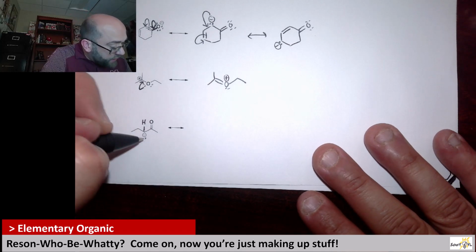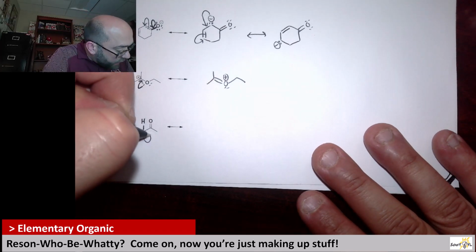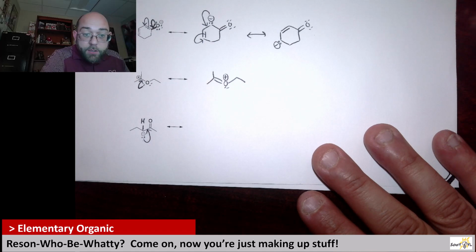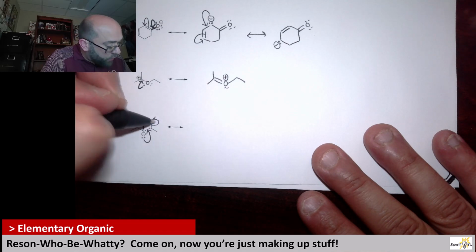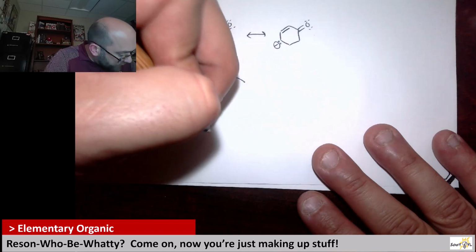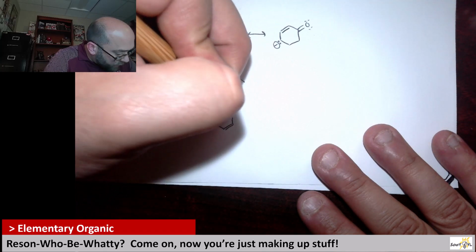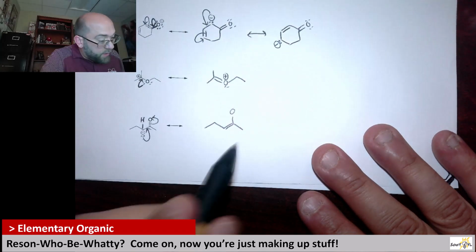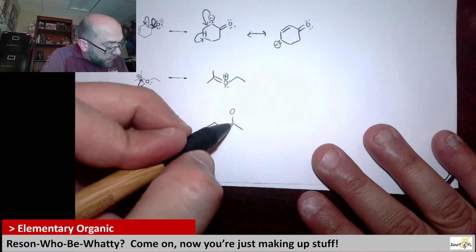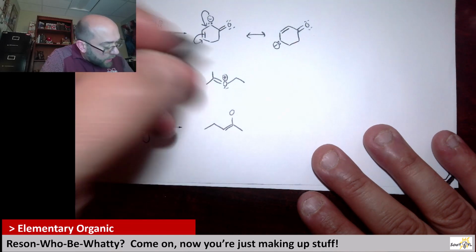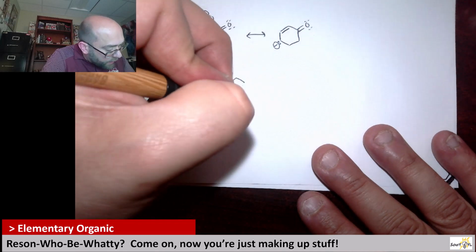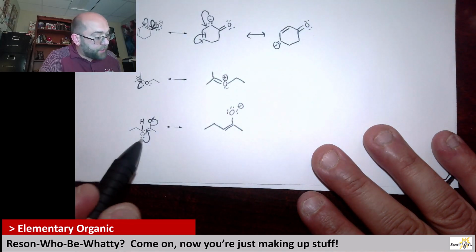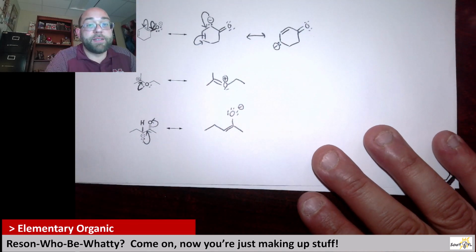Electron-rich is our negative charge, and we can really only move this direction to form a pi bond between the 2 carbons, and that's okay because we have a pi bond here that can move up onto the oxygen. So the only resonance structure available to us is this, where the double bond is now between the 2 carbons, and then that oxygen now has 3 lone pairs and a negative charge on it. So we did conserve the overall -1 charge as well.